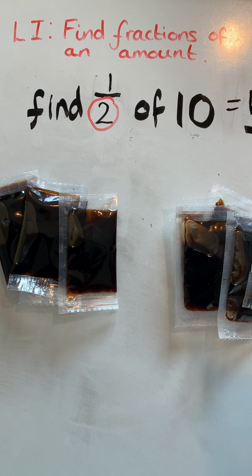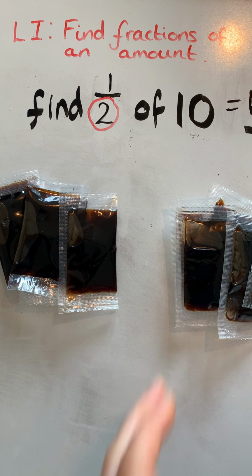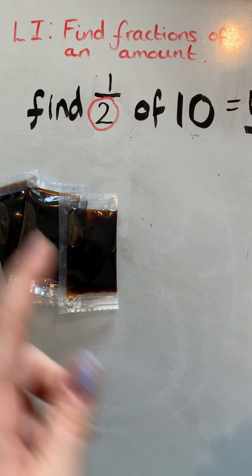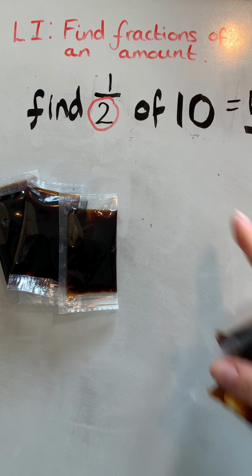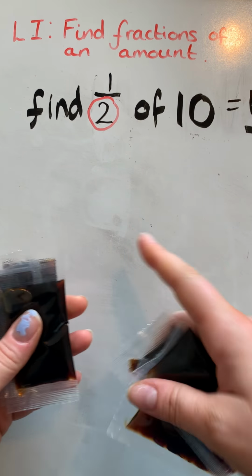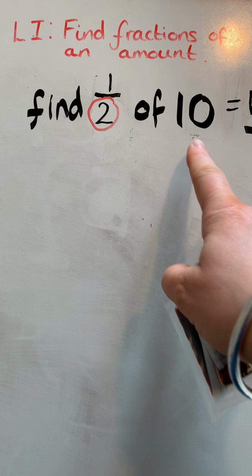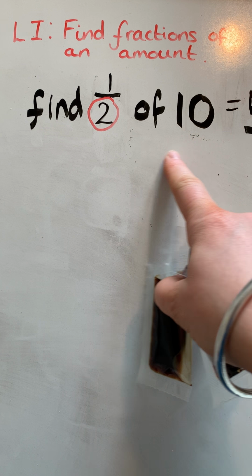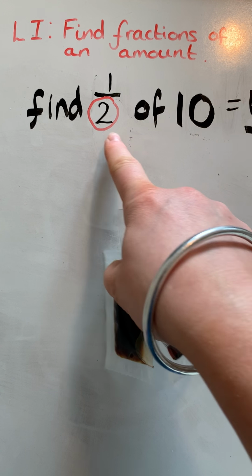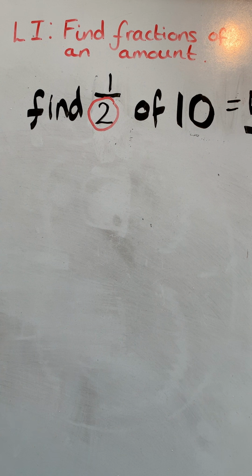So 1/2 of 10 is 5. Now you will have heard the term half when we've done halving and doubling in class. And we did that at the beginning of the year. So you should be familiar with finding halves. Just remember you need to divide this number by the denominator. So 10 divided by 2 would give you 5.